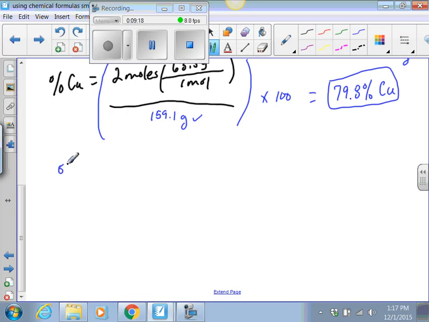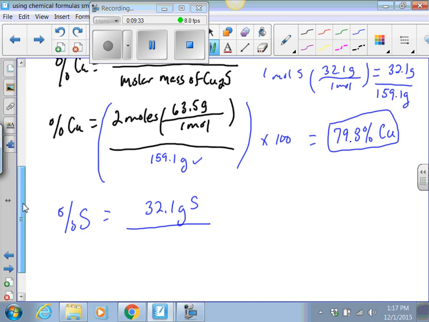So how do we get percentage sulfur? We need the mass of 1 mole of sulfur, which is 32.1 grams of sulfur. And what do we divide that by? Total mass of the compound, which is 159.1 grams.